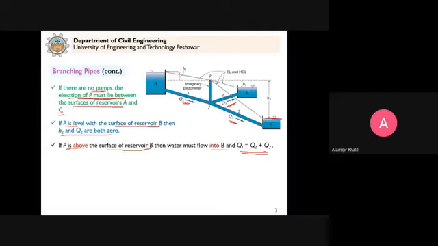So this Q1 is basically inflow, and this Q2 plus Q3 is outflow.